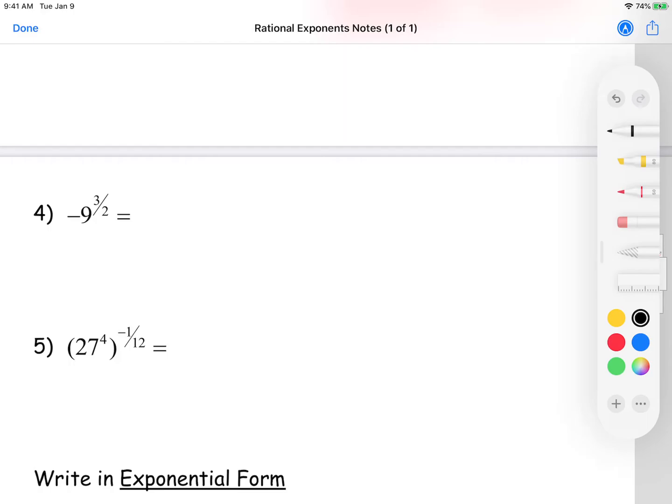So we have negative 9 to the 3/2. Applying this, we see that this is the same thing as the square root of negative 9, cubed. What is the problem with this?